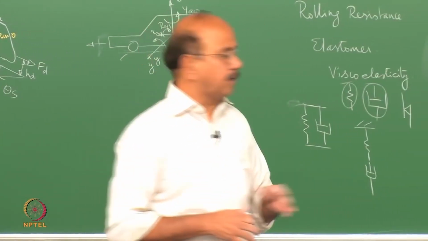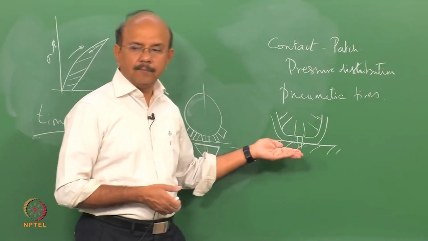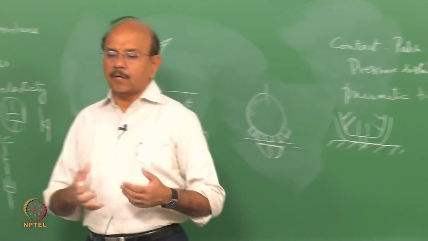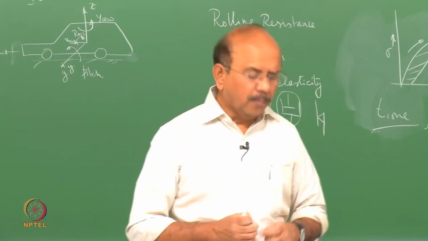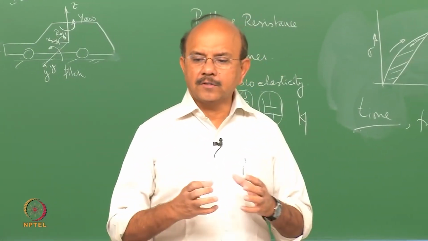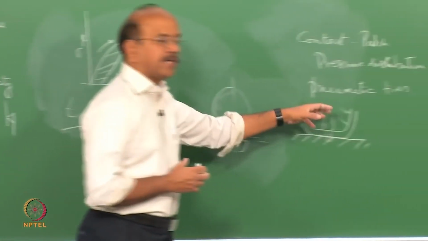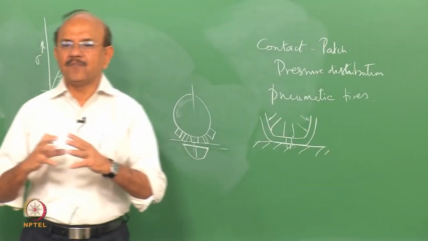Strictly speaking, the contact pressure should have been uniform. But contact pressures are never uniform. We will see more about it a bit later, because of the local bending, because of the bending of the side walls. These are called side walls and all that. So the contact pressure is never uniform.